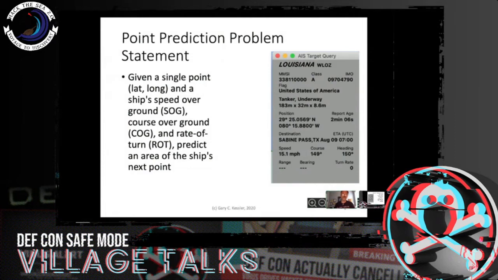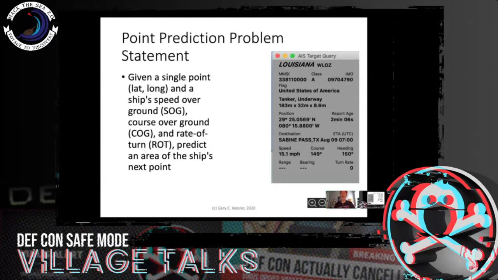Well, suppose their next position report puts me 5 miles away. Well, there's no way that I can move 5 miles in a minute. So my AIS receiver could maybe flash red to say, we just got something that just doesn't seem right.